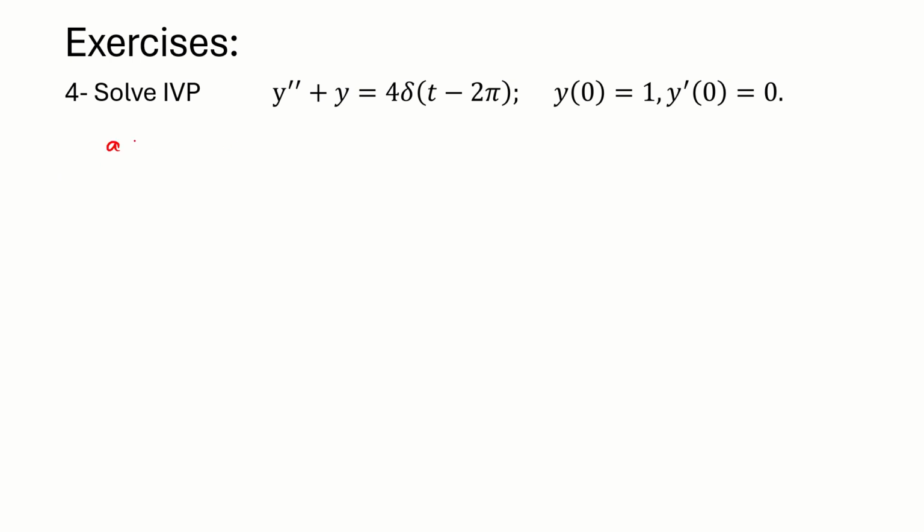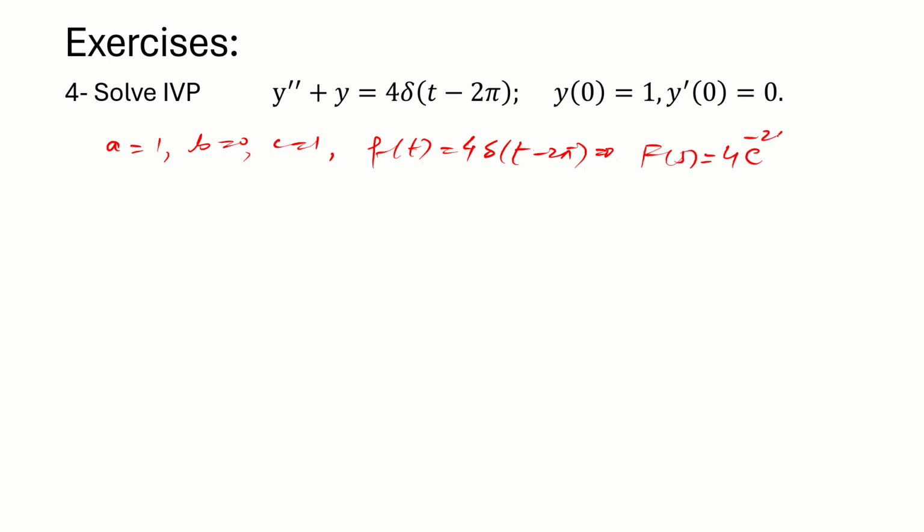A is equal to 1, B is 0, C is 1, whereas f(t) in this case is 4 delta(t - 2 pi), which means F(s) is 4 times e^(-2 pi s), whereas y0 is 1 and y1 is 0.